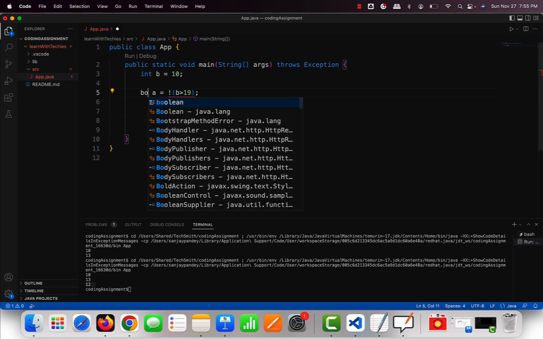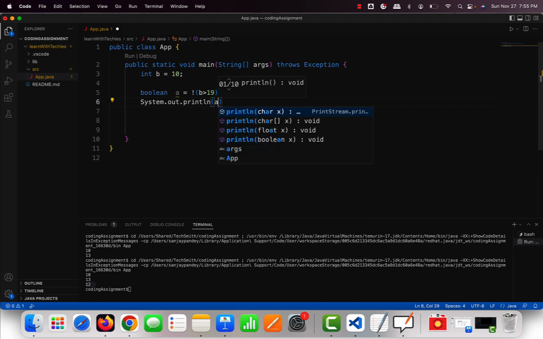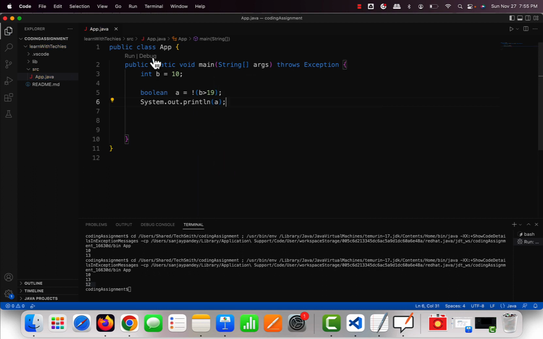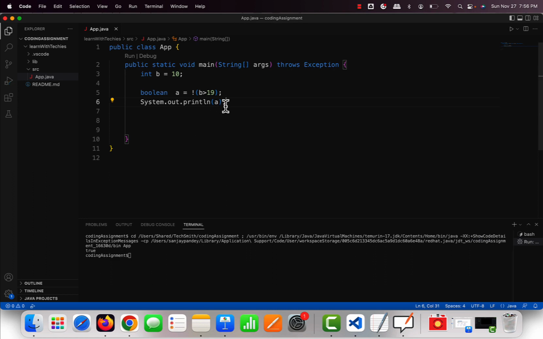It has to be a boolean, because this not only returns a boolean value. It can be either true or false. See, it's true because B is not greater than 10, so this is false, and then the opposite of false is true.